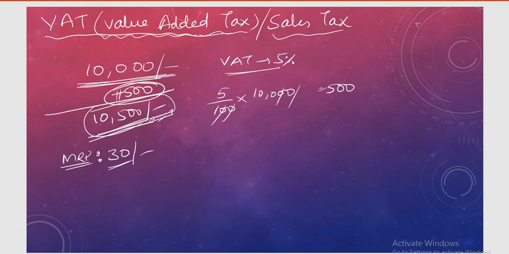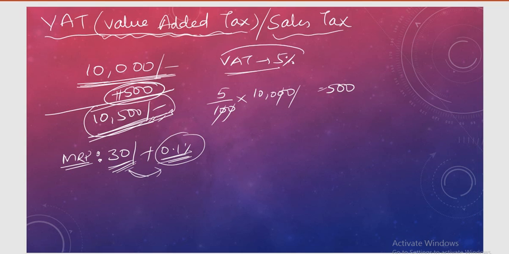But they will be adding some VAT to this 30 rupees, VAT of 0.1% or something else, right? When 0.1% is added, you need to pay that extra amount. So you won't be getting the item for 30 rupees. You need to pay more than 30 to get that item, right?